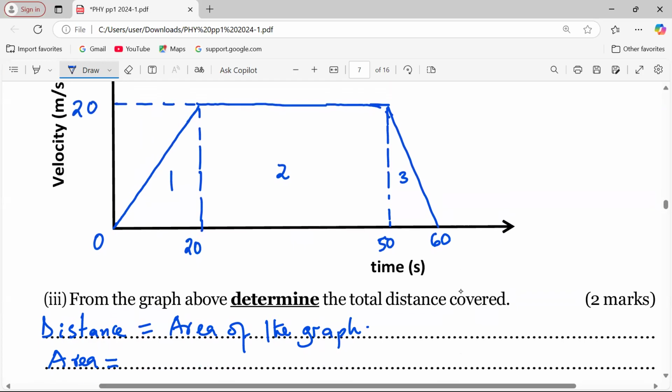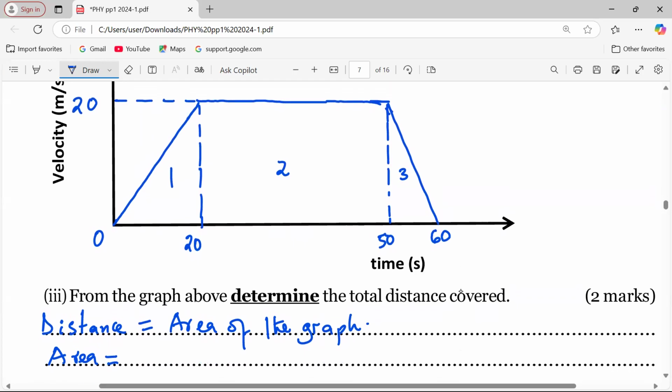So let me prefer the first option, in which case I'll say that this is a trapezium, whereby the parallel sides have lengths: the first one is 60 from the bottom, then the upper one is from 20 to 50, which is 30.